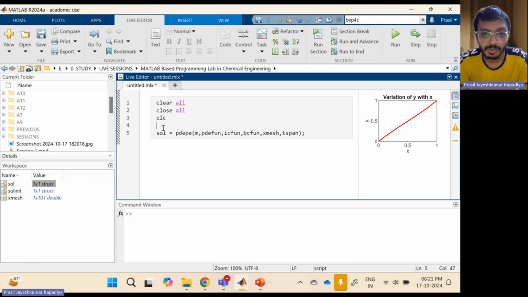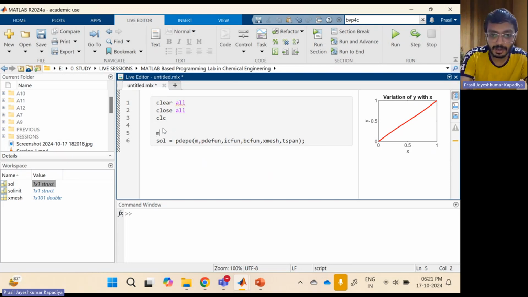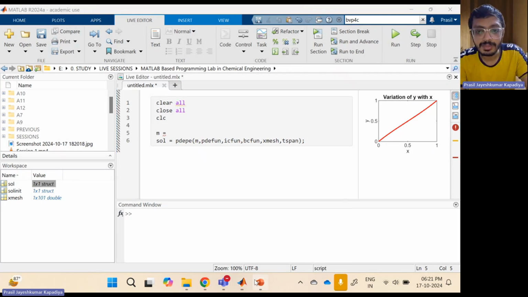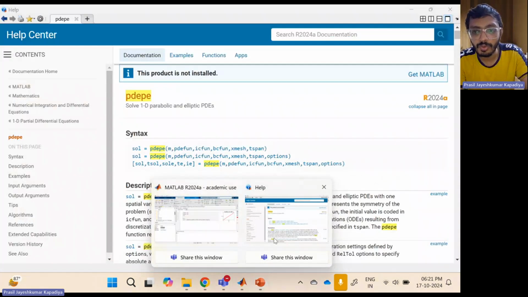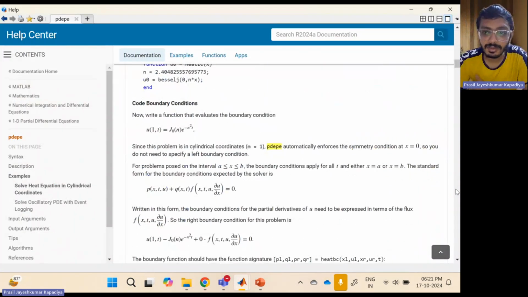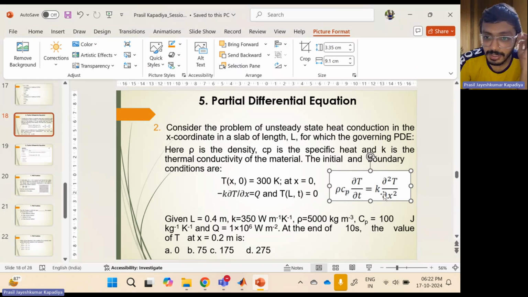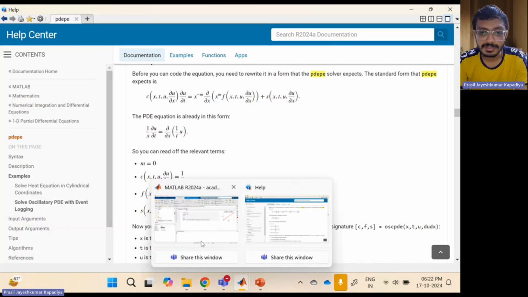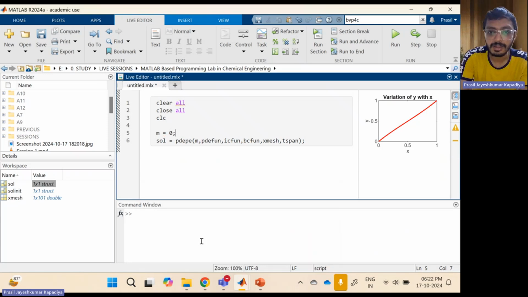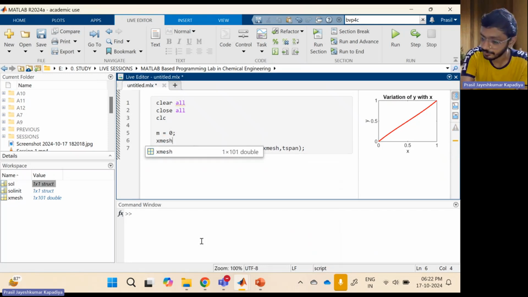So let's give the value of m here. m is equal to 0, correct? Because if we compare it with this, it is obvious that it is Cartesian coordinate. There is no x raised to minus m term here, so m is equal to 0. That is our first criterion. Then xmesh.